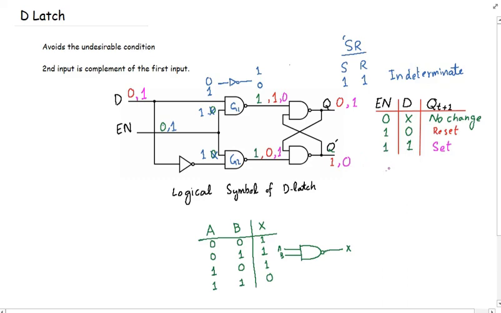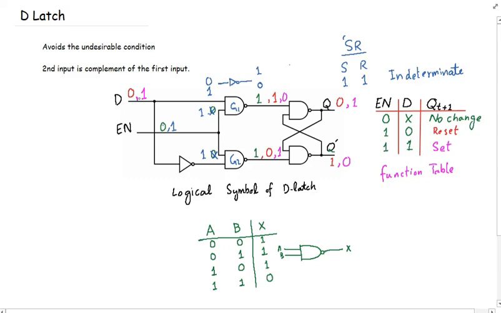This table is called the function table of D latch. So keep in mind that when enable is asserted, we get whatever value is available at D at the Q. If D is equal to 0, Q will be equal to 0.